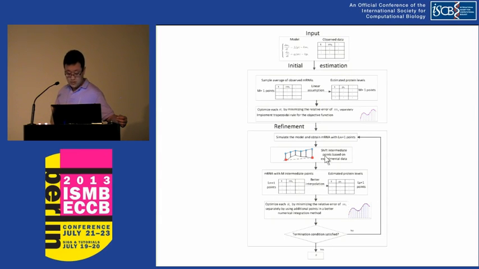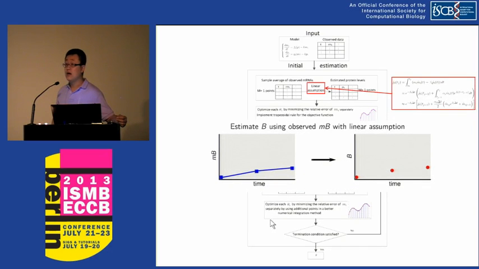So at the initial stage, we just make a very brief and a very wrong assumption that we will use a linear assumption to link the discrete time points of mRNA together. So here, we have these squared mRNA levels, and we just use a linear assumption to connect them. So if we assume this assumption is correct, which is not true, then we will have the mRNA level for all the time points.